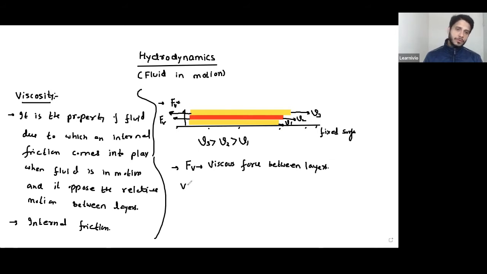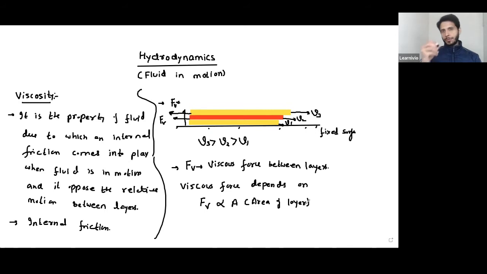Now this viscous force depends on, first, the area: viscous force is directly proportional to A, where A is the area of each layer. So this viscous force depends upon the area of each layer. It also depends upon dV over dx.